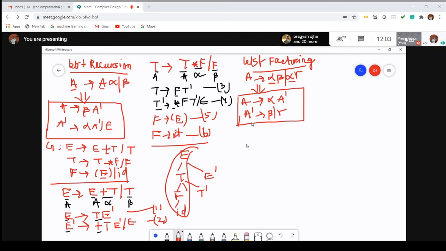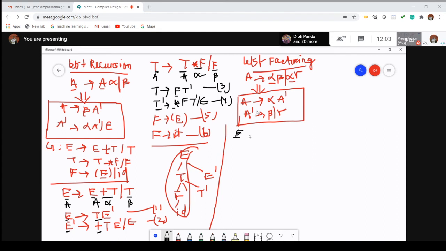Now let us consider an example. I have changed the position of the variable symbols in the previous example. So let my G equal to, instead of E plus T, I take it like this.